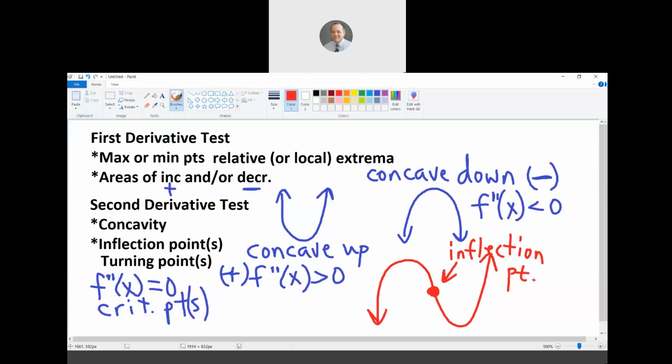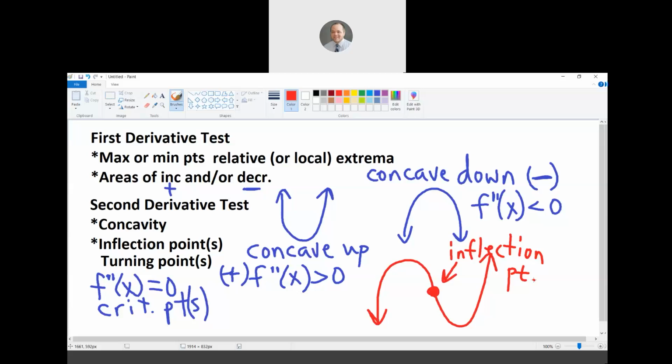It could be concave down to concave up, or concave up to concave down.